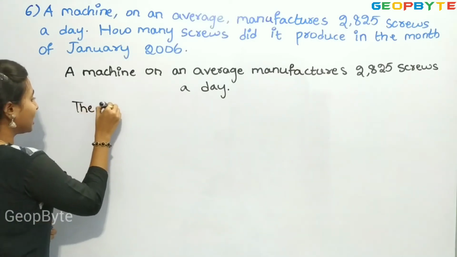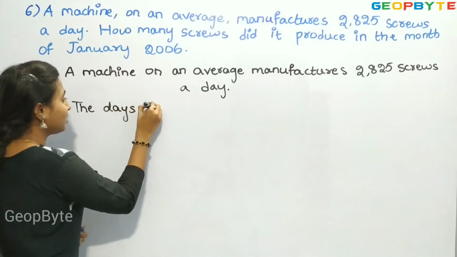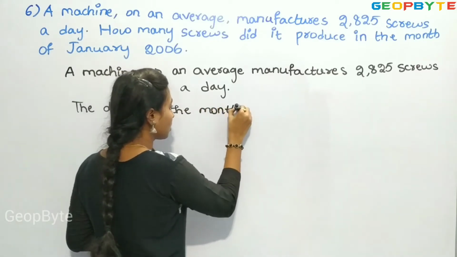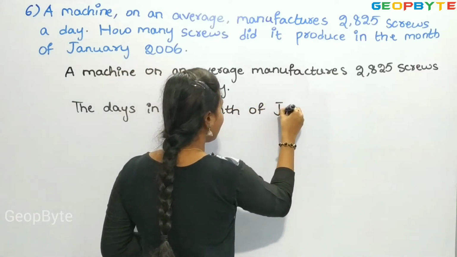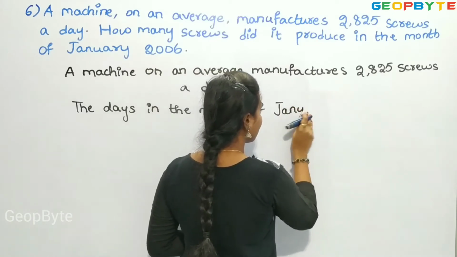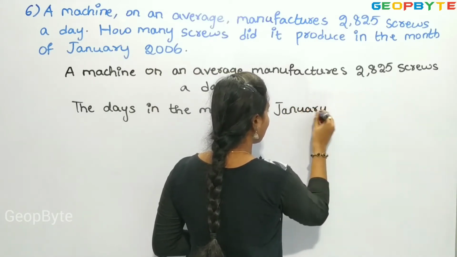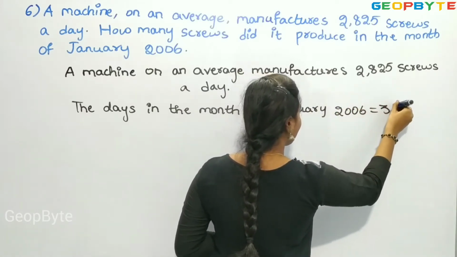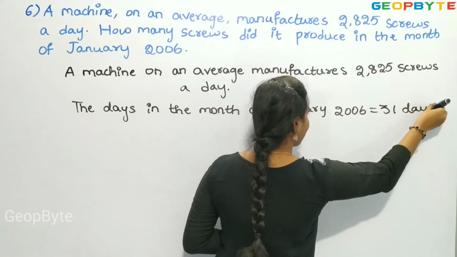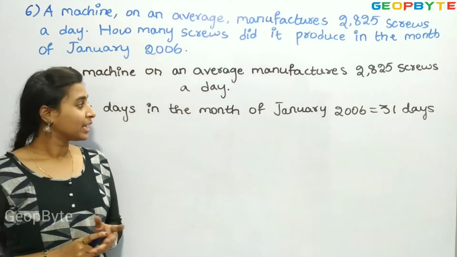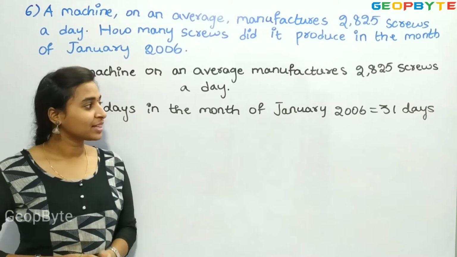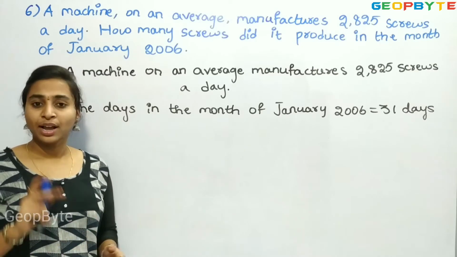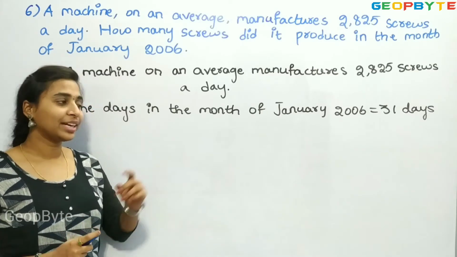So the days in the month of January 2006 is equal to 31 days. The total screws manufactured per day are 2,825.